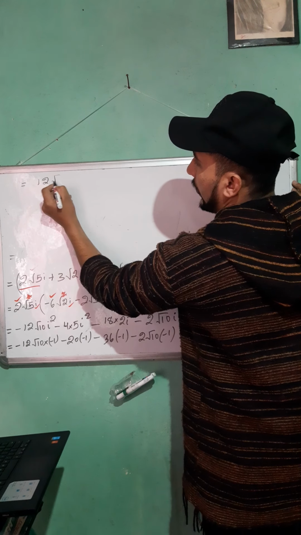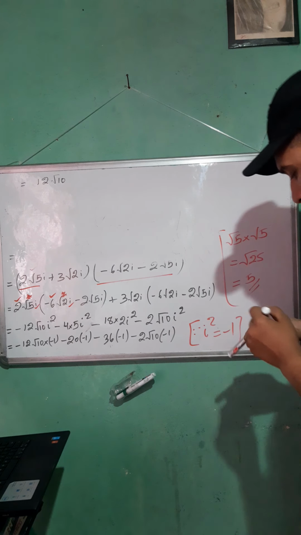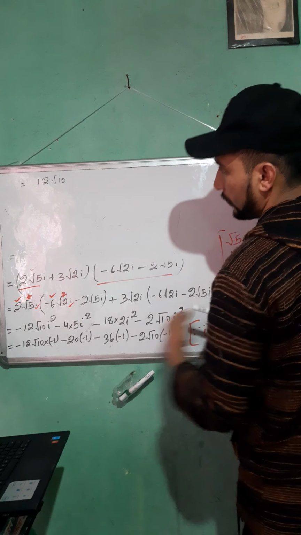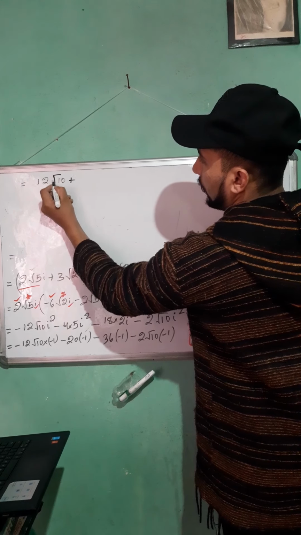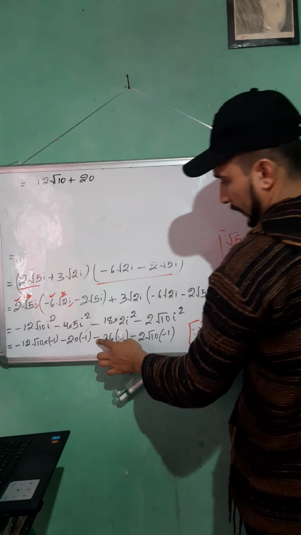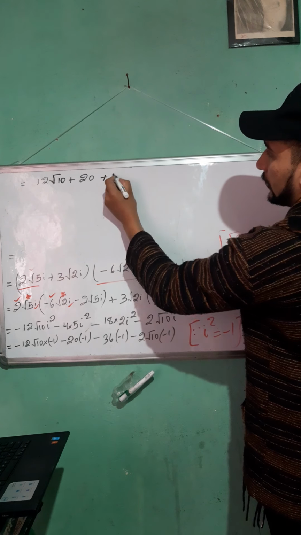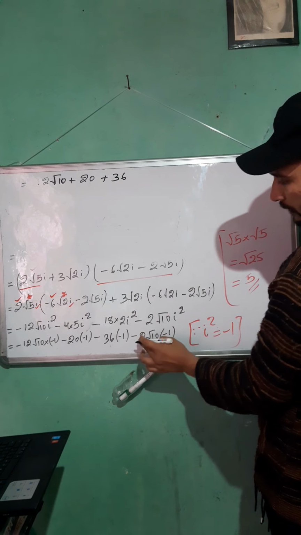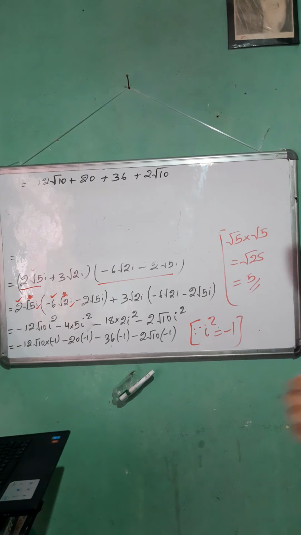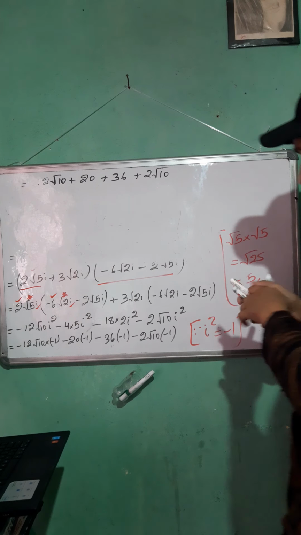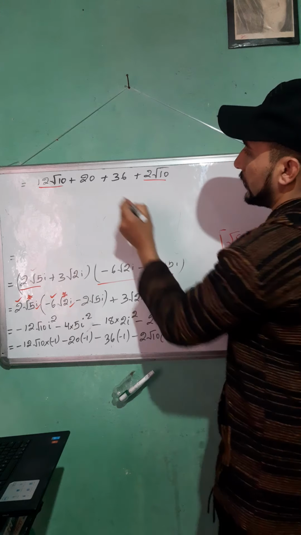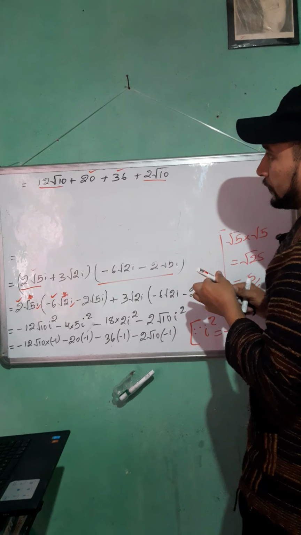So 12 root 10, plus 20, plus 36, plus 2 root 10. Now like terms you can add or subtract, seeing the sign. This and this are like terms.